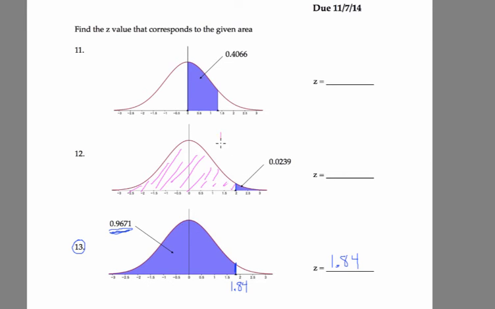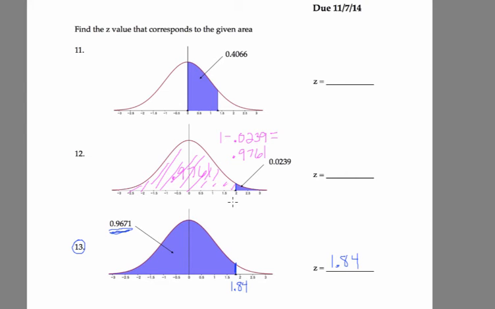So we just do 1 minus, because we know the whole thing's 1. So we know that the area to the left of this z-score is 0.9761. That's what our table shows.